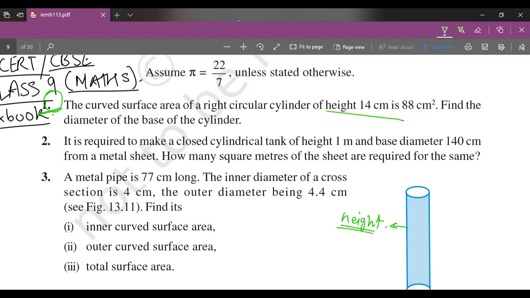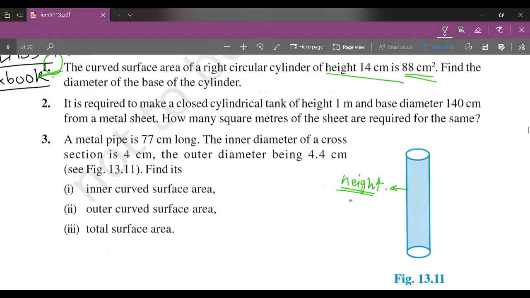So it has given us a height of 14 centimeters, and the curved surface area of the right circular cylinder is 88 centimeters square. The question states to find the diameter of the base of the cylinder, which means we have to find the diameter of the circle.